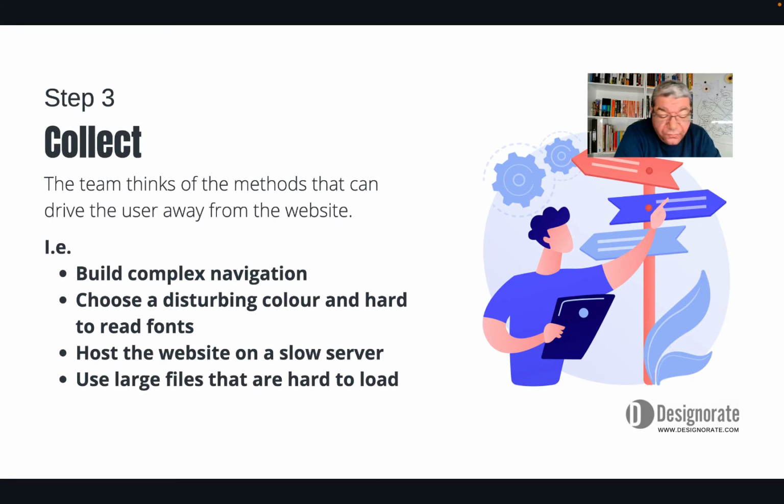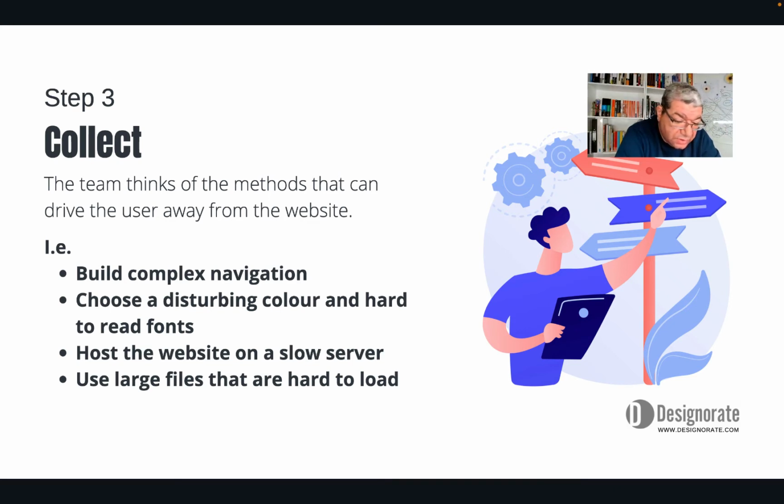Then we move to the step of creating the outcome of these two sentences. The team thinks of methods that can drive the user away from the website. We have the sentence that targets making the user experience horrible.